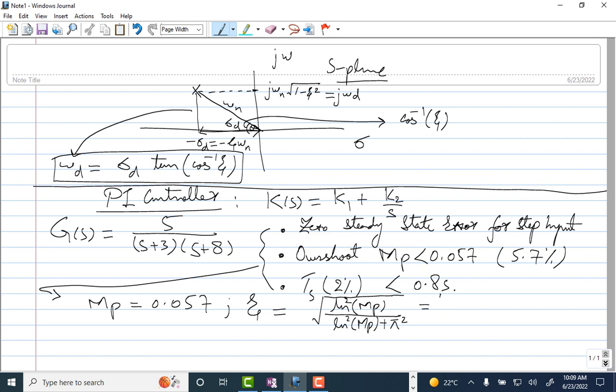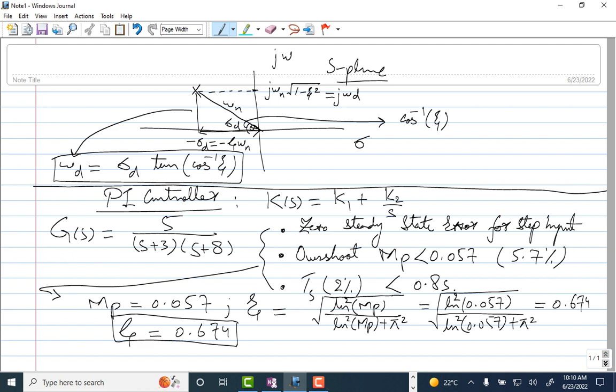When I put the values in and solve, I come up with 0.674. So the zeta is 0.674.